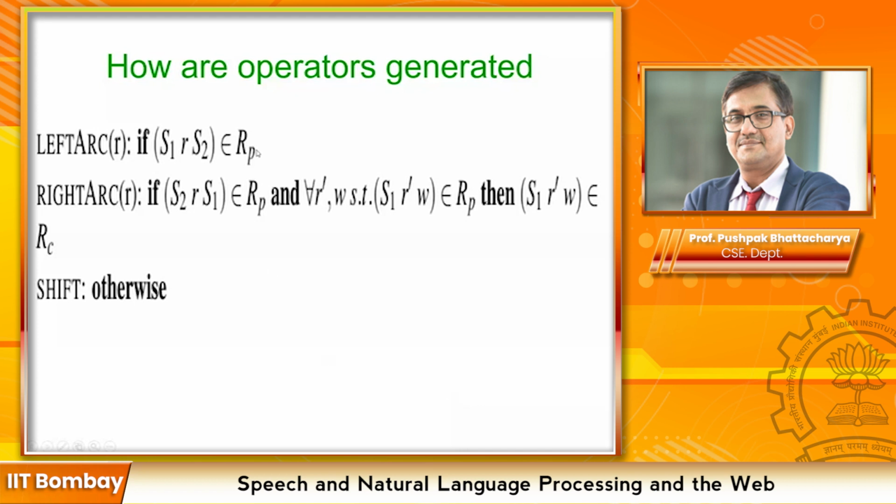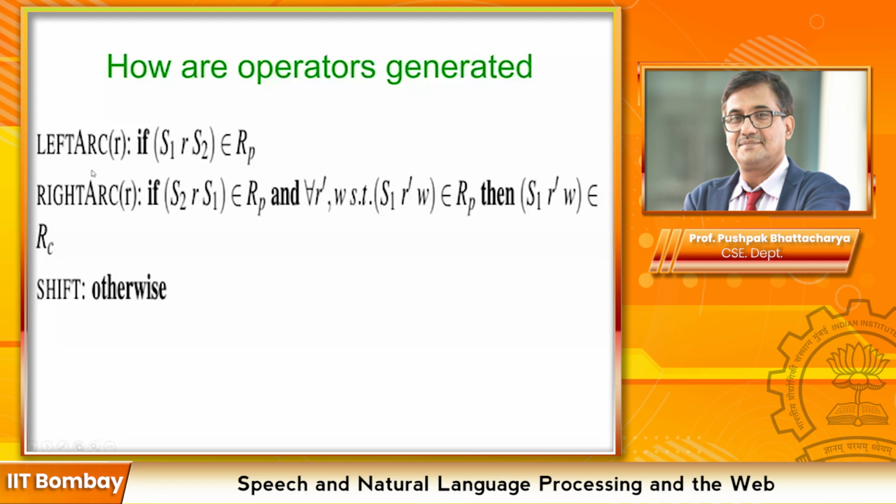RP is the localized dependency relations, that means dependency relations for this particular sentence and its corresponding dependency tree. So RP is the set of relations for the current sentence and its parse tree, and RC is the whole repository of dependency relations.